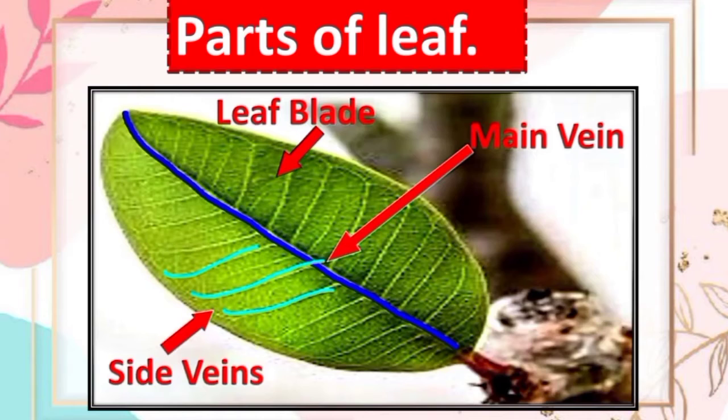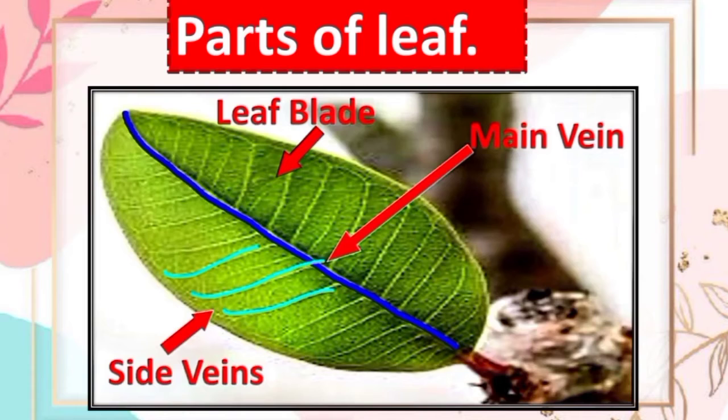So children, a leaf has a flat part called the leaf blade. Some leaves have a very broad leaf blade, whereas some have narrow ones.